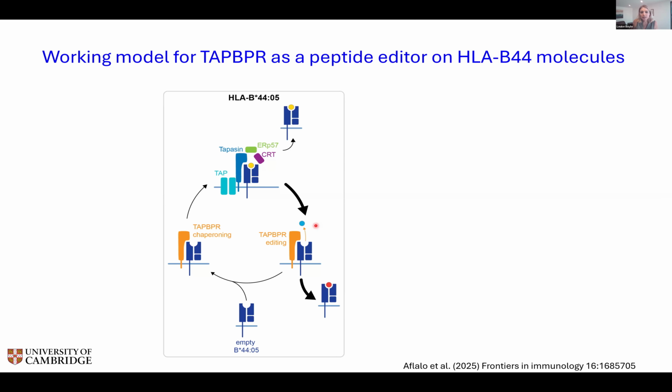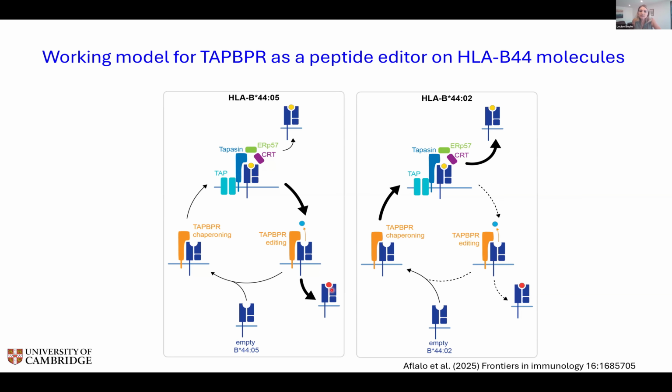And we propose that TAPBPR is playing an important role in mediating the removal of these suboptimal peptides from B4405 molecules due to its action as a peptide exchange catalyst. And this fits with the overall restriction in the peptide repertoire we observed in the presence of TAPBPR, and also the ability of TAPBPR to perform peptide exchange on these MHC class 1 molecules. So we think the editing role of TAPBPR is really important for B4405.